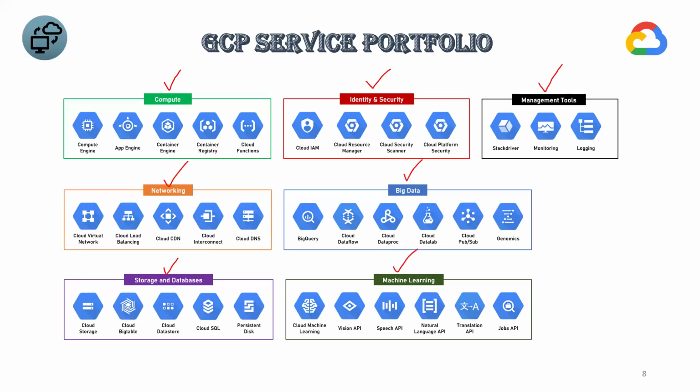So Google Cloud Platform provides plenty of services. In compute services, you can see Compute Engine, App Engine, Container Engine, Registry, Cloud Functions, IAM, Cloud Resource Manager. In big data, BigQuery, Dataflow, Dataproc. Plenty of services that GCP is providing for your own usage, guys.